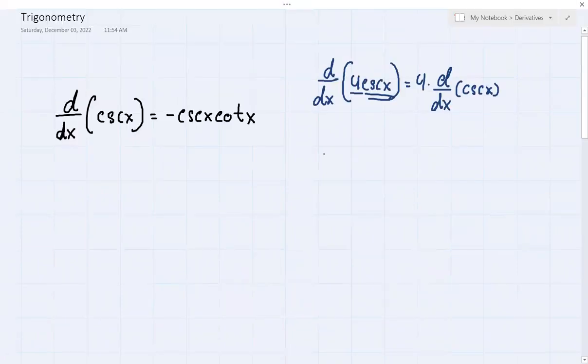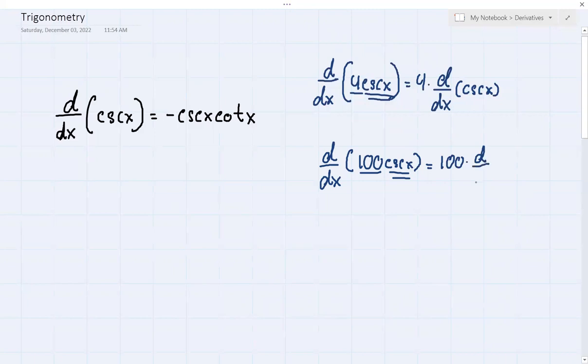Let's just say meron tayong ganito. The derivative of 100 times cosecant x. Madali lang. Constant at isang trigonometric function. So we have 100 times the derivative of cosecant x.